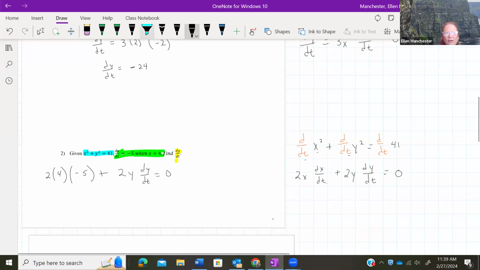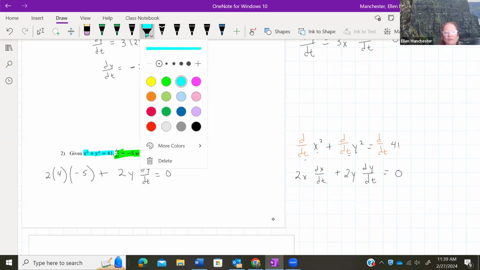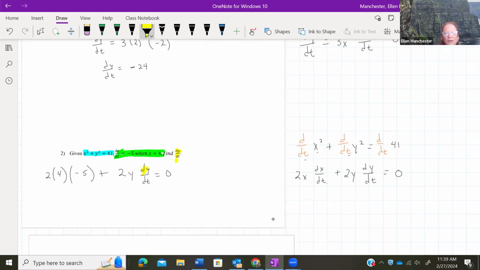So do you see how there are 2 different variables here? This is the one I'm trying to find. This one's a problem. Okay, so we have to go back to the beginning. So when you have 2 variables and one of them's y, you're going to go back to the beginning and plug this information in so that you can find y.